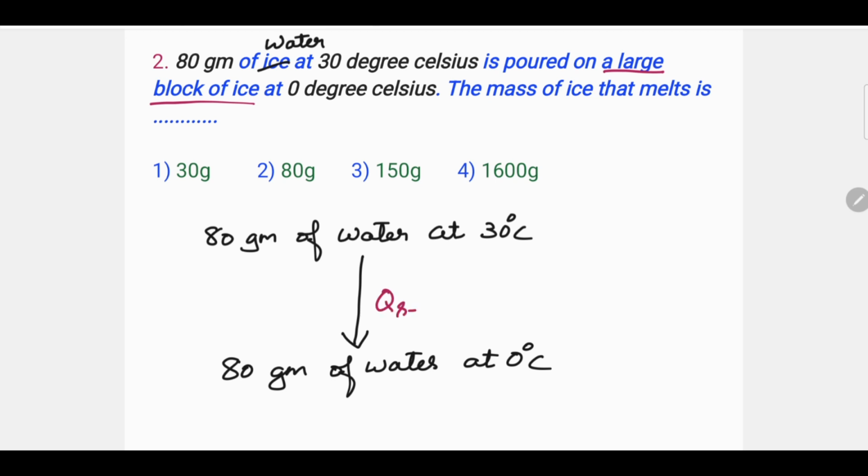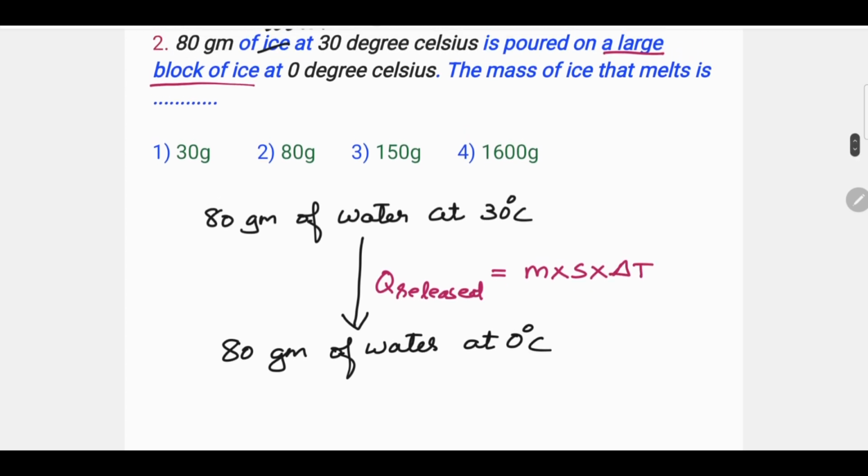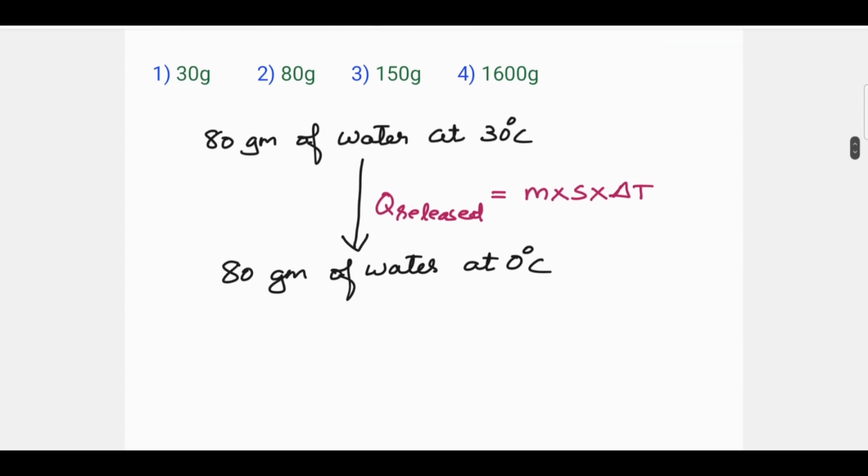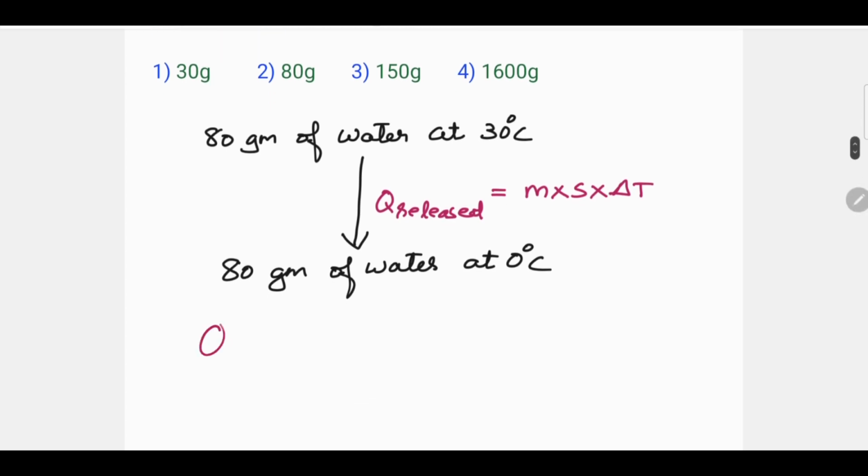Heat released is given by m into S into delta T. This released heat is absorbed by ice for its melting. So we can write, Q released by water is equal to Q absorbed by ice.